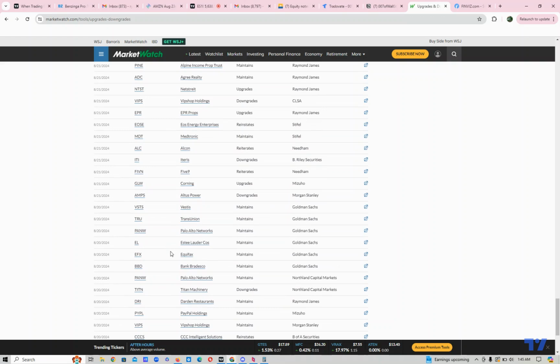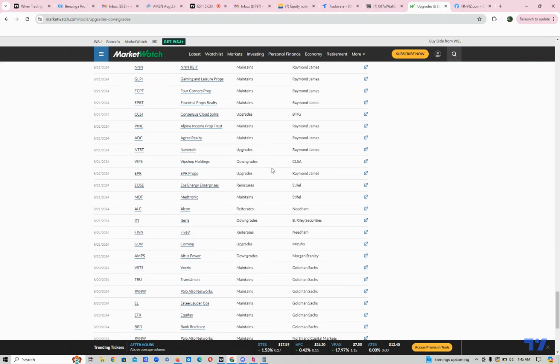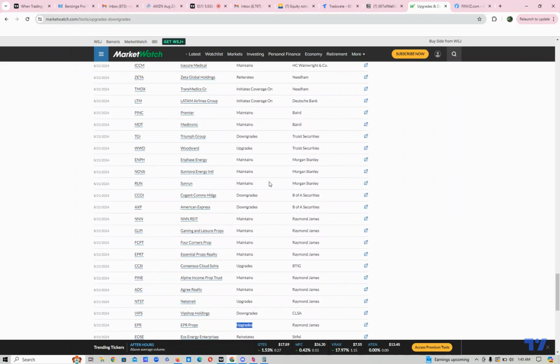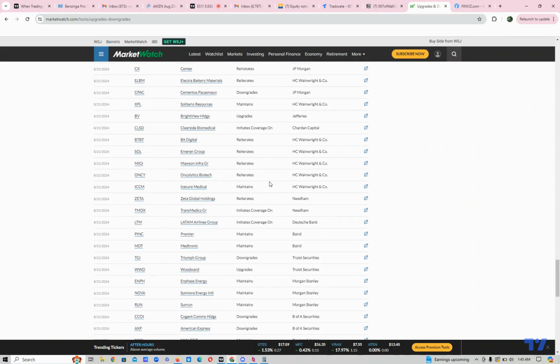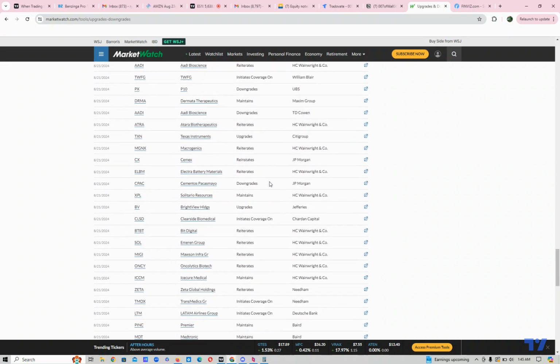Based on the upgrades on those stocks, you can see the direction the market is going. That's a good way to get your idea. If we see a lot of downgrades in the beginning, that means the analysts are setting the day for a bearish day.